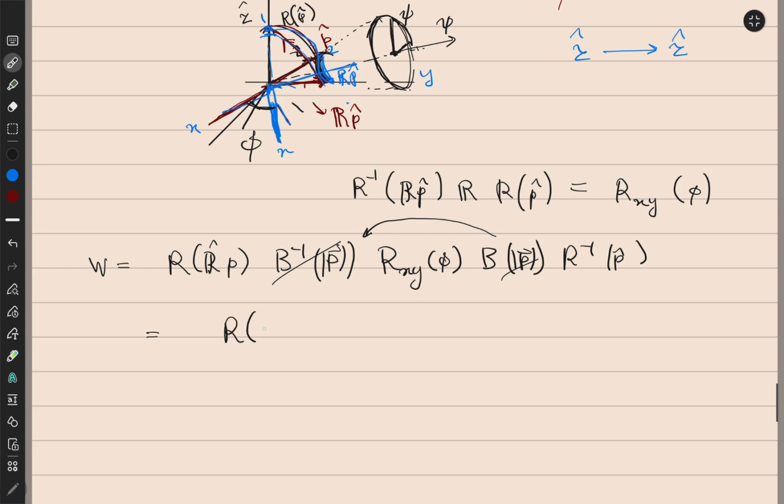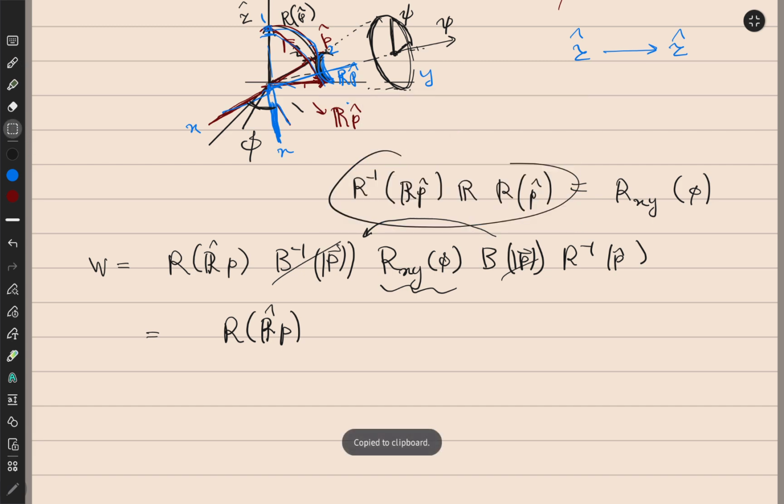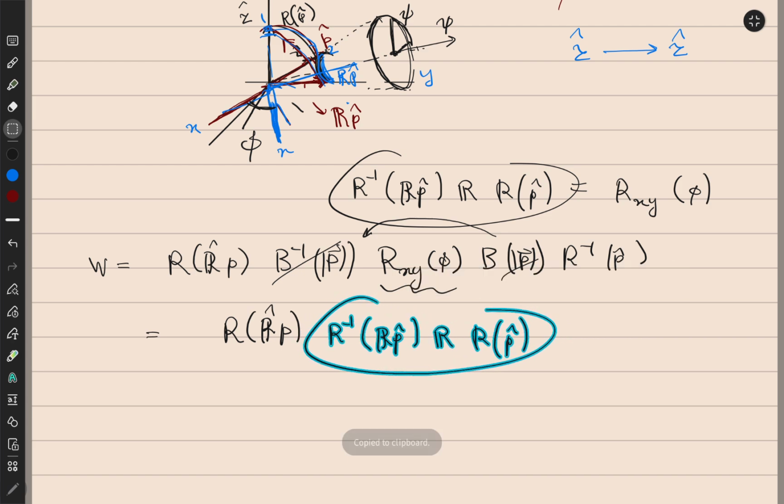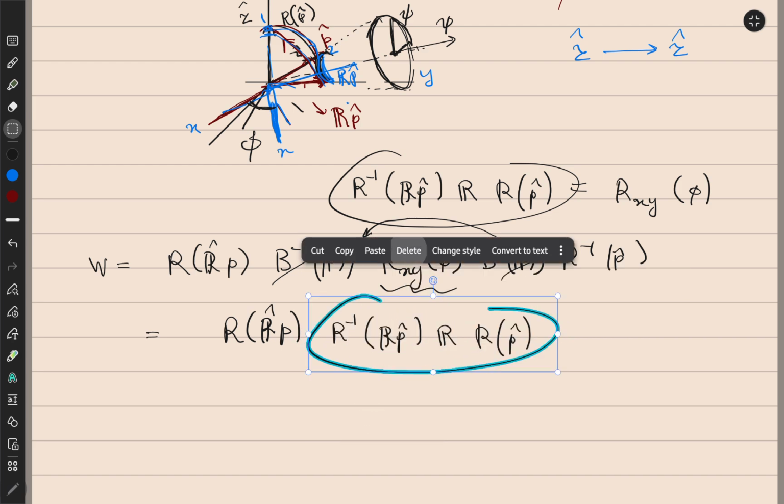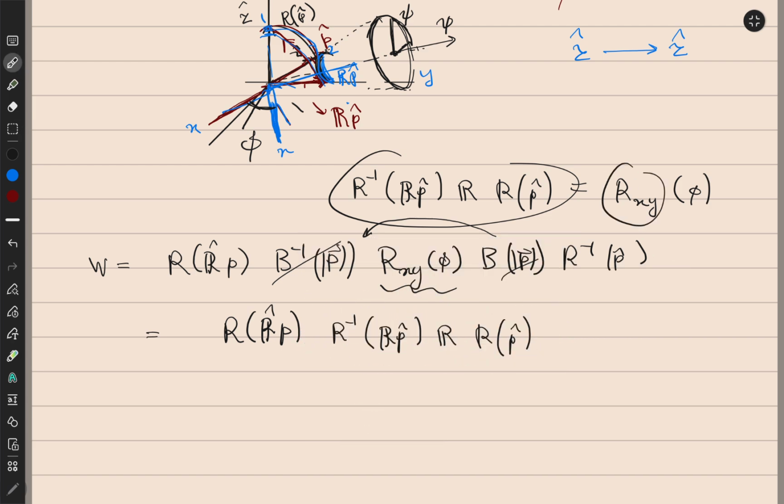And as the final step, we just put back the definition of R_X again, which is this, and you see everything cancels out except R. This is the definition of this XY rotation, and here I have R inverse, because now boosts are gone.